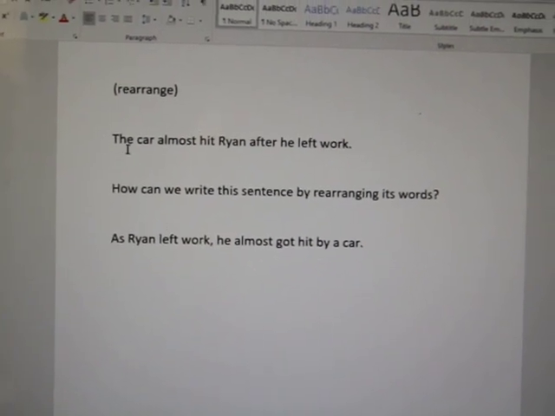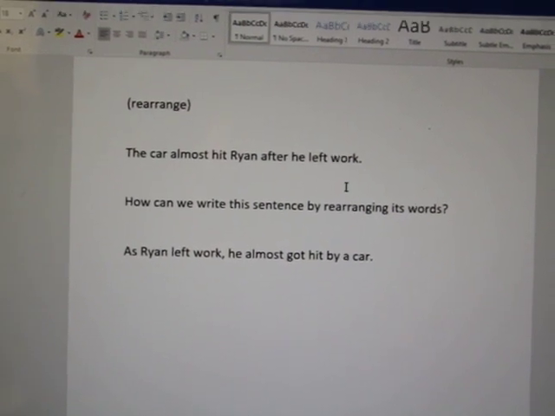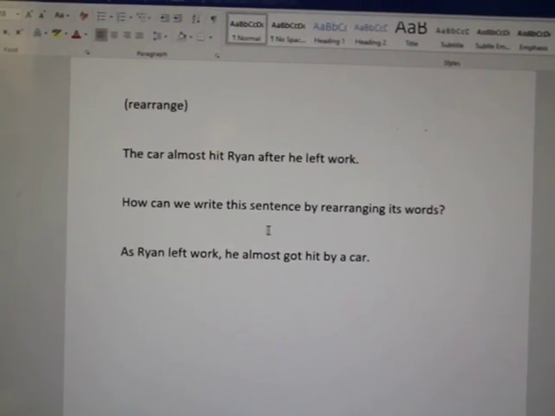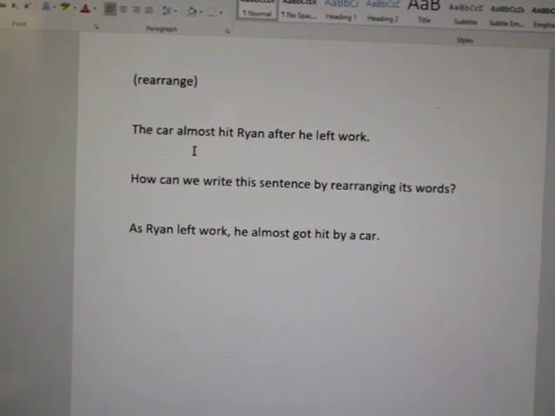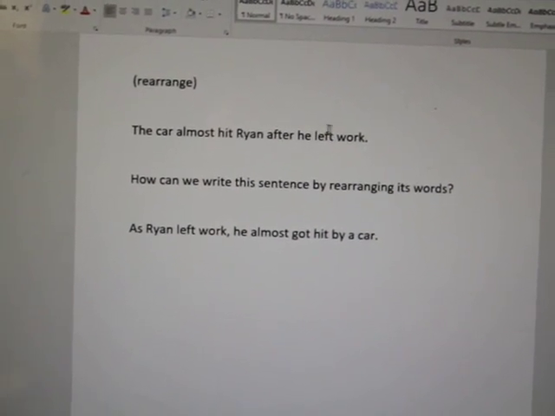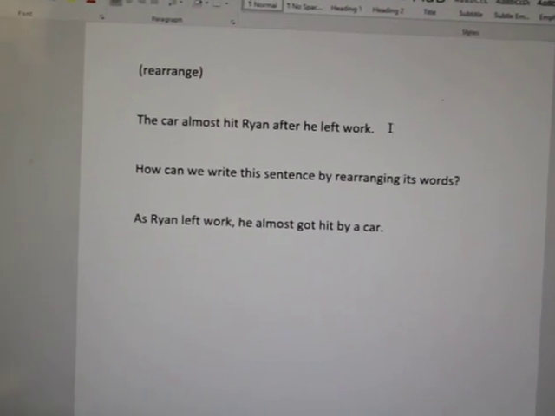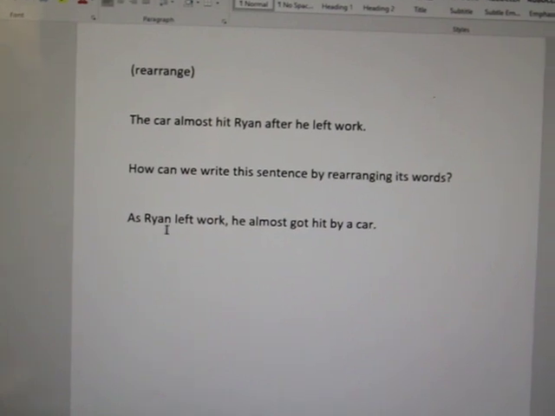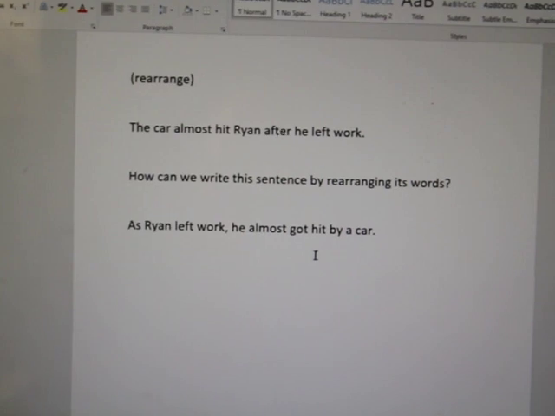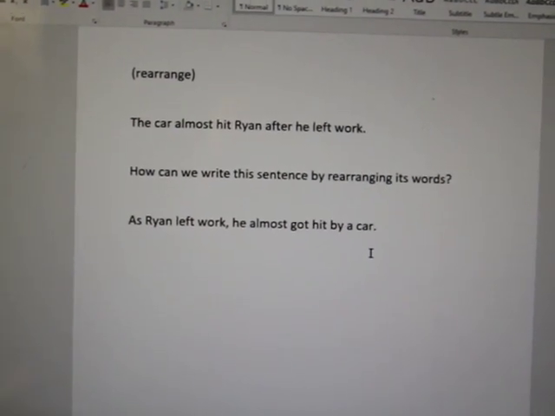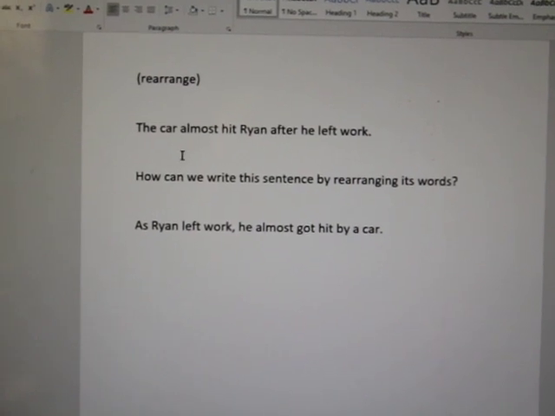So if we follow along here, the car almost hit Ryan after he left work. How can we write this sentence by rearranging its words? We can take this part of the sentence and put it at the front, and this part of the sentence and put it at the back. It winds up looking like this: "As Ryan left work, he almost got hit by a car." You see how it says the same exact thing, it's just flipped around.